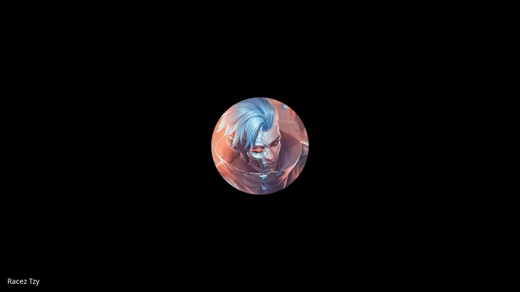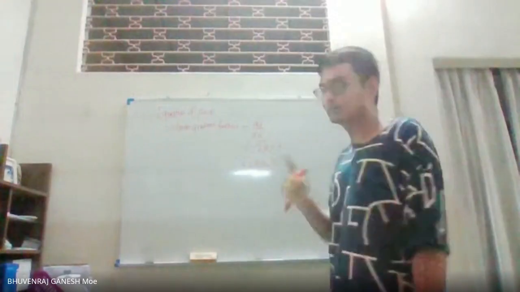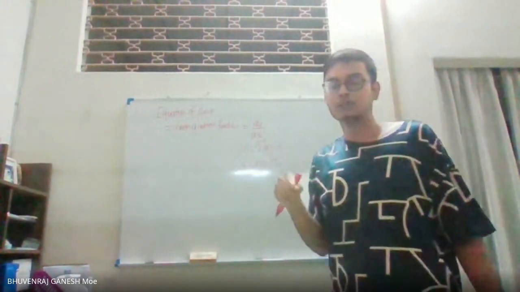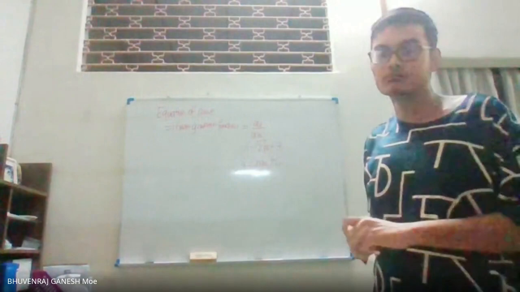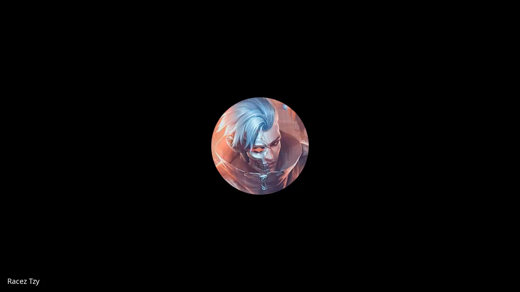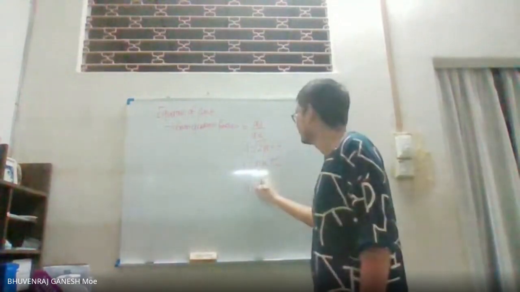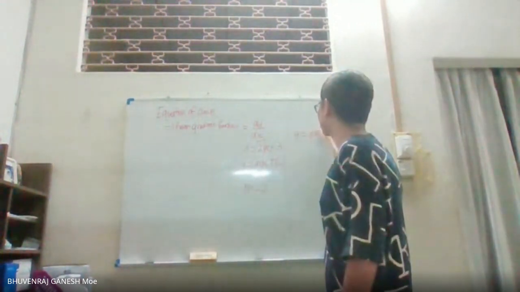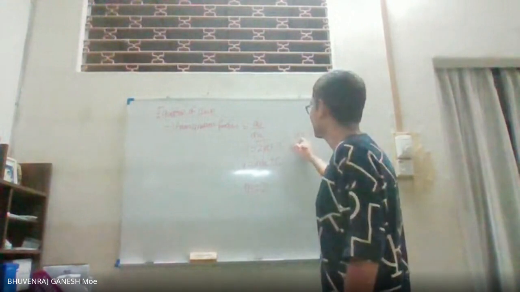Wait, y equals 2x plus 3, right? You compare with y equals mx plus c. So what is your m value? 2. Yeah, correct. And then if I do it separately here, if I do dy over dx, what's my value?